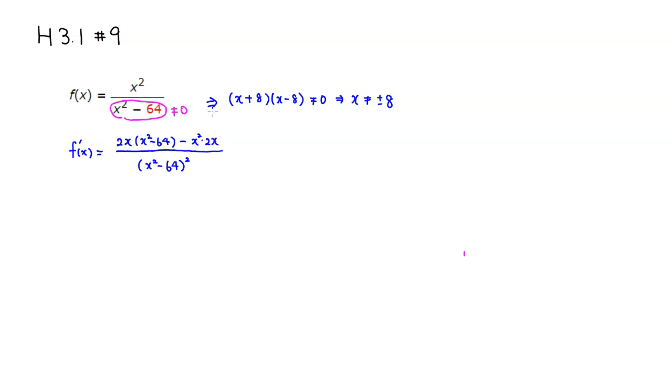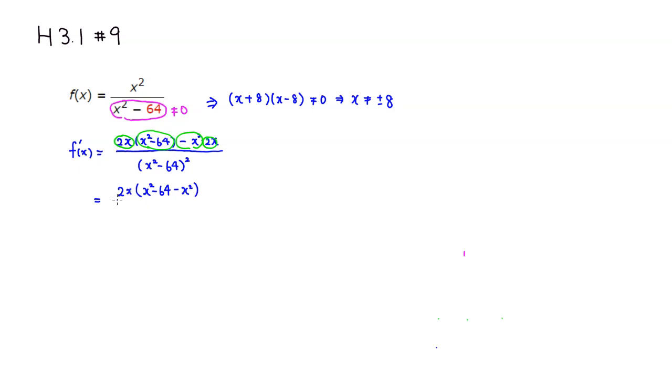We need to simplify a little bit. Since we have 2x in common on top, I'm going to pull that out. So you have 2x, and the leftover terms are x squared minus 64, and from the second term, minus x squared.